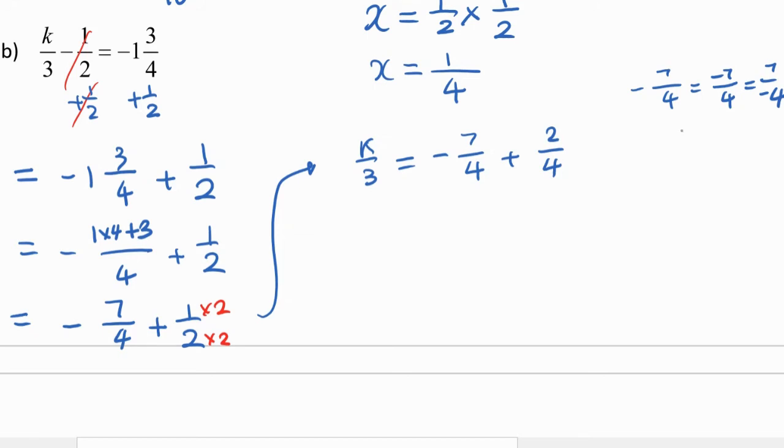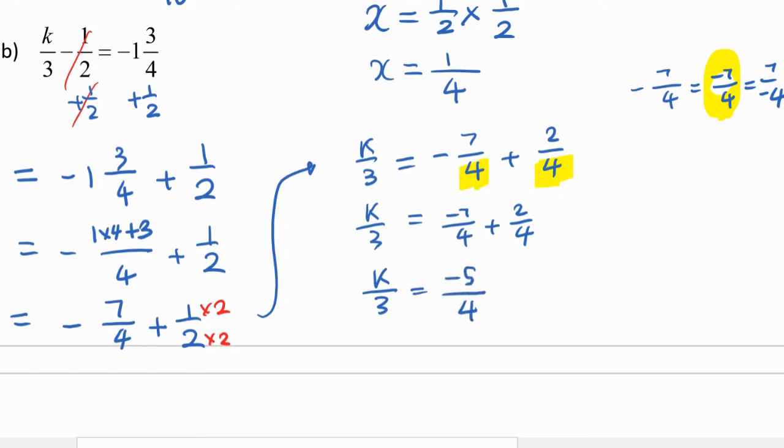You can use one of those. But I want to keep the same denominator, so I'm going to use this one. Then this will be negative 7 over 4 plus 2 over 4. Okay, then everyone, negative 7 plus 2, that is negative 5 over 4.